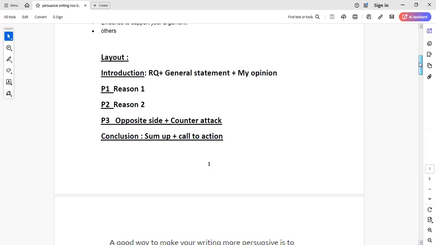You introduce the topic generally, and give my opinion, of course, your opinion. Then you start the main body, with paragraph one. You give reason one why you support or you don't support this topic. Paragraph two is reason two, either for supporting or not supporting the idea.